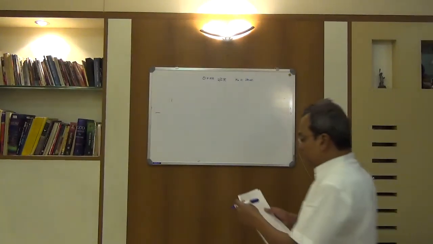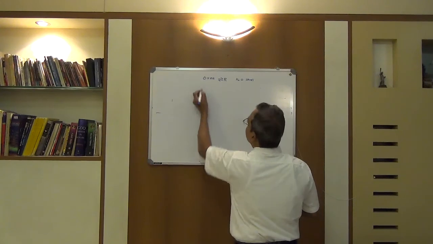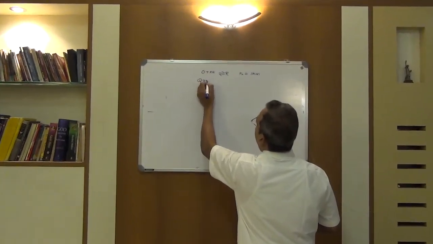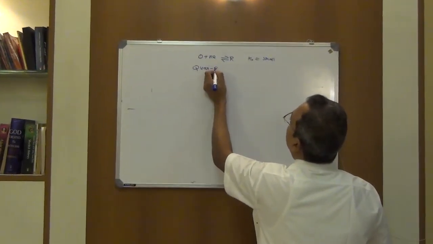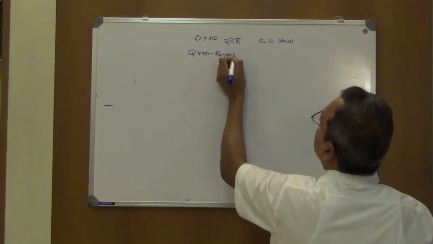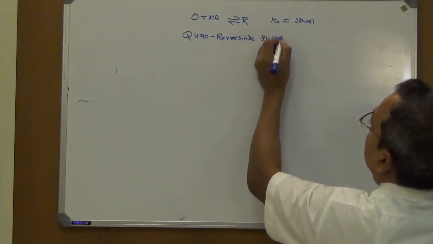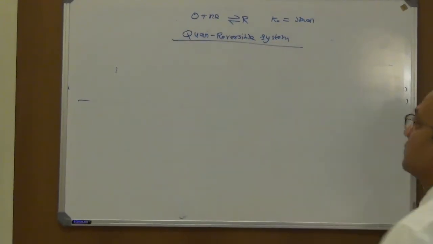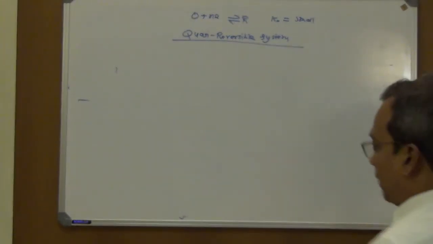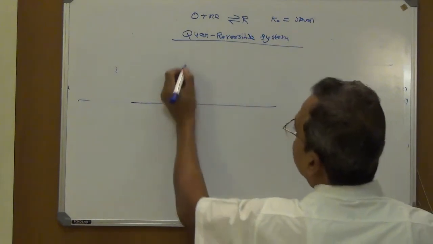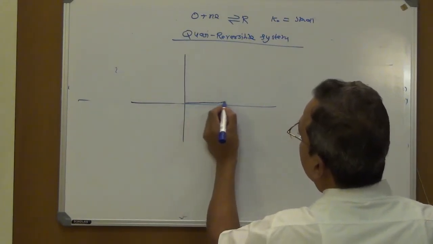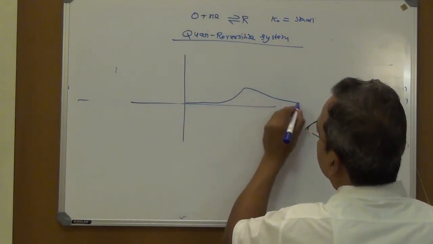So if you take the response of such a quasi-reversible system, if I record a cyclic voltammogram for such a system, what I see is a very sluggish response.